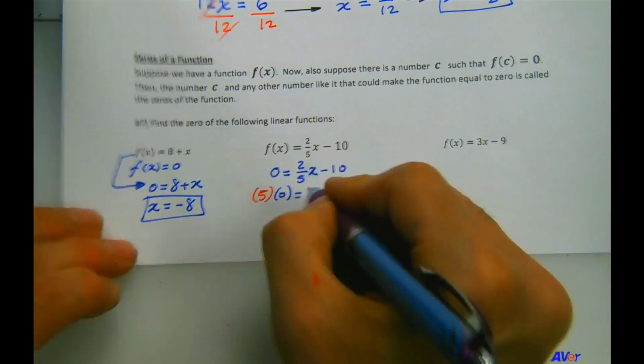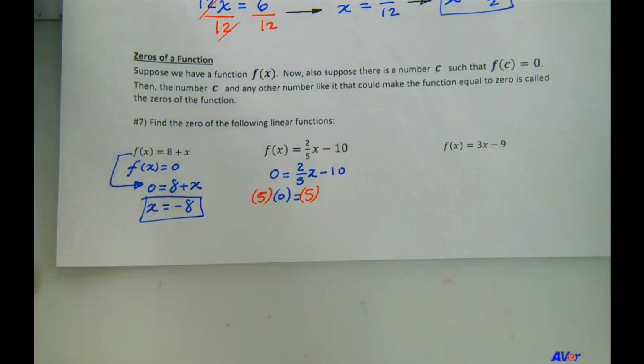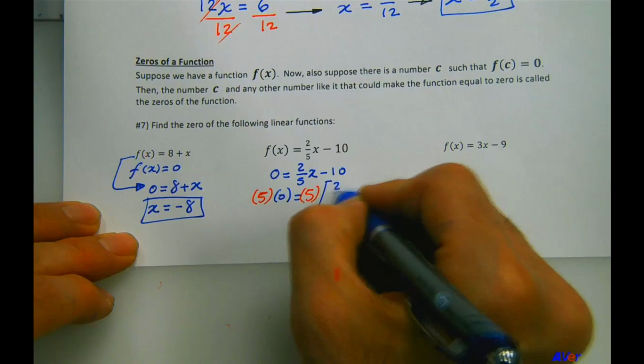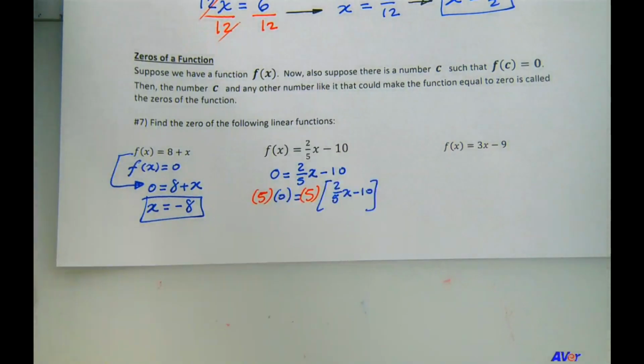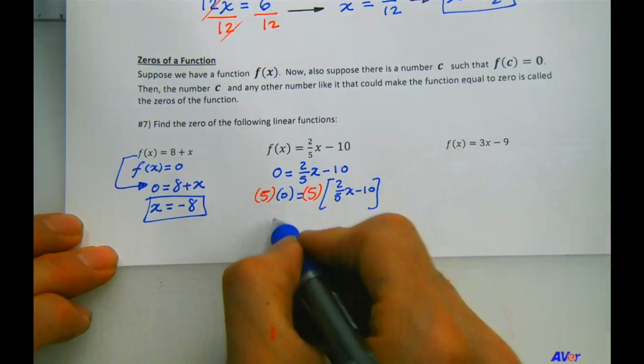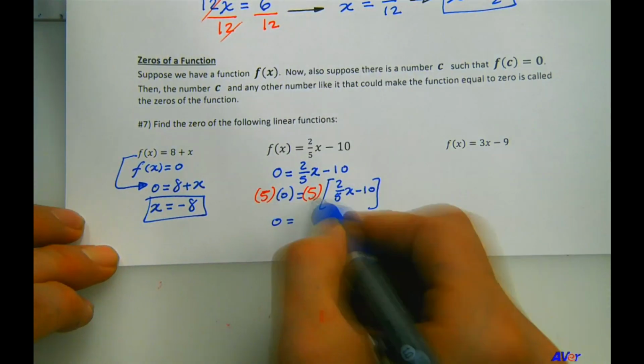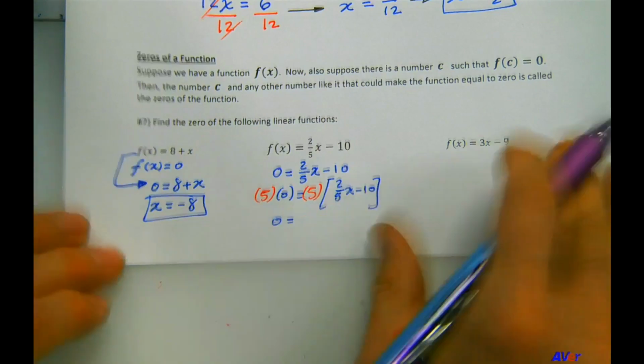equals 5 times 2/5x minus 10. On the left, we get 0, right? On the right, let's distribute but not simplify.